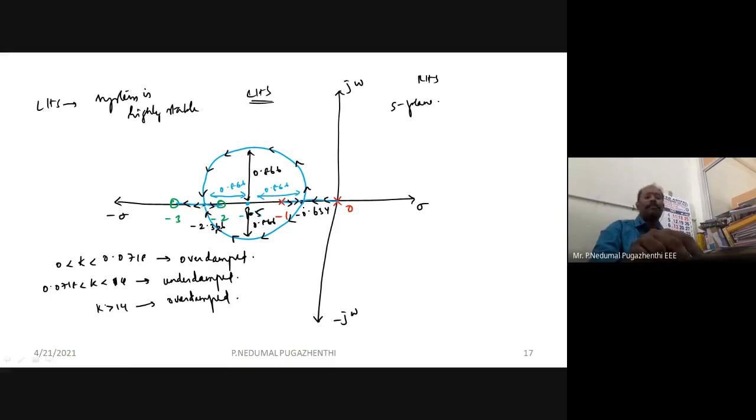So if you have a compass and draw that, or if you have a scale, mark various points around from the center and join those points, then you will get a nice circle there. And if it comes between 0 and 0.78, in this area, it is going to be overdamped, because the zeta value is going to change.